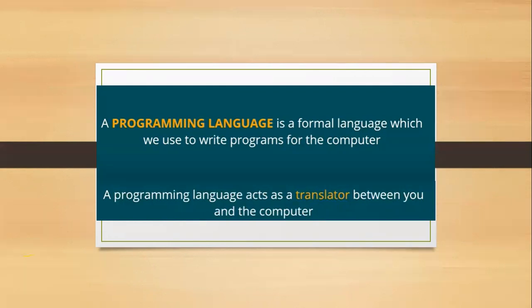So the computer will just understand that language, but a programming language will allow us to communicate what we want to the computer, and then there will be something that will translate it into machine language, and if we want to get the output through the programming language, it again will be translated to us in a human language. Therefore, a programming language acts as a translator between me and the computer.